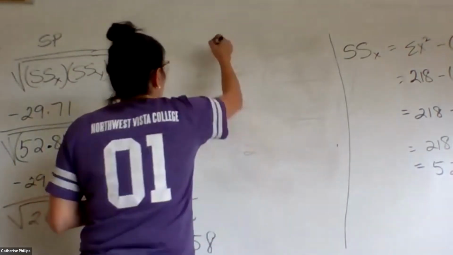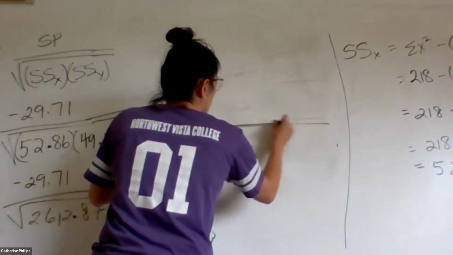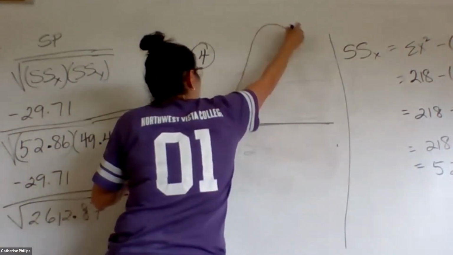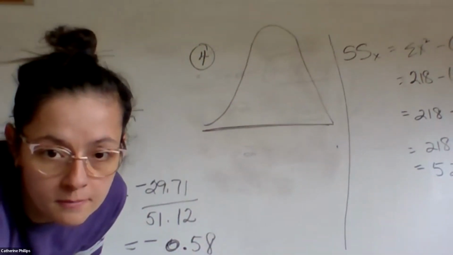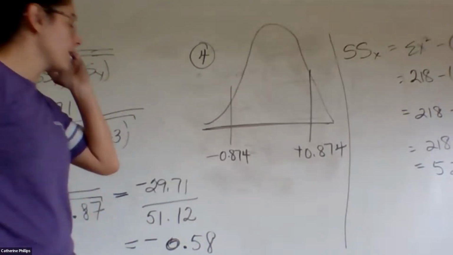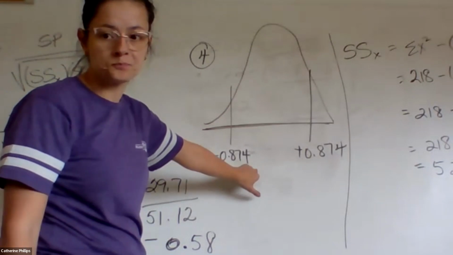So for step 4, what we're going to do, I'm actually going to pause this so I can just grab those numbers. Okay. So the critical value was plus or minus 0.874.